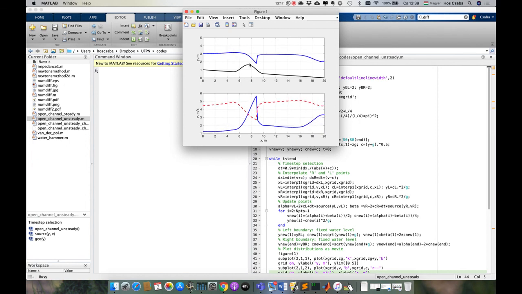So whenever the velocity is higher than the wave celerity, then you have supercritical flow. And I've added a bump here, which is a well-known test case for hydraulic jumps. And what you see here is that you start off with a subcritical flow. Okay, so velocity is smaller than the wave celerity. And then after the bump, you have a hydraulic jump. So temporarily, the flow velocity goes beyond the wave celerity, and then through the hydraulic jump, it slows back to subcritical.